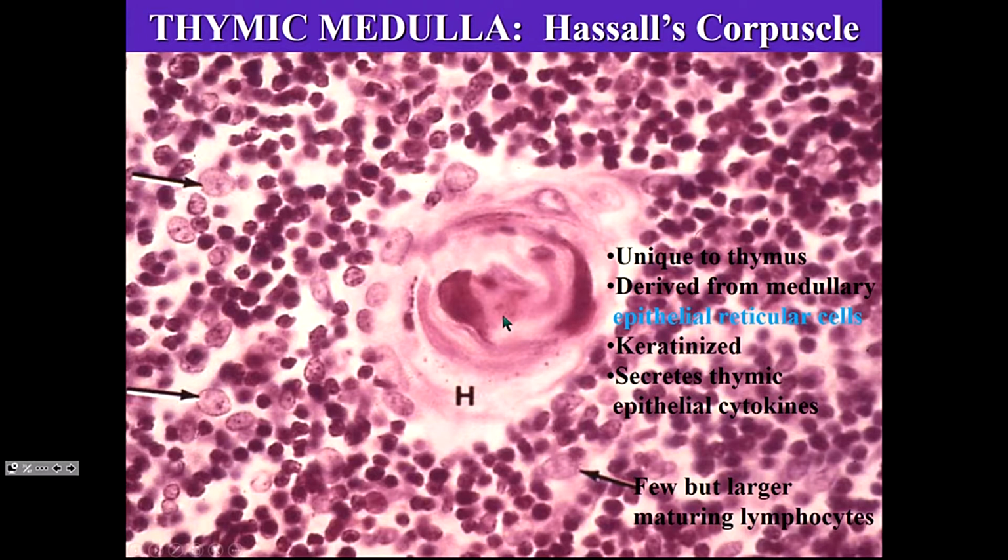These Hassel's corpuscles are a unique histologically distinguishing feature of the thymus that allows us to identify the thymus as a component of the immune system and not something else. So we can say, because we see Hassel's corpuscles, this is thymus and not a lymph node or spleen and so on.